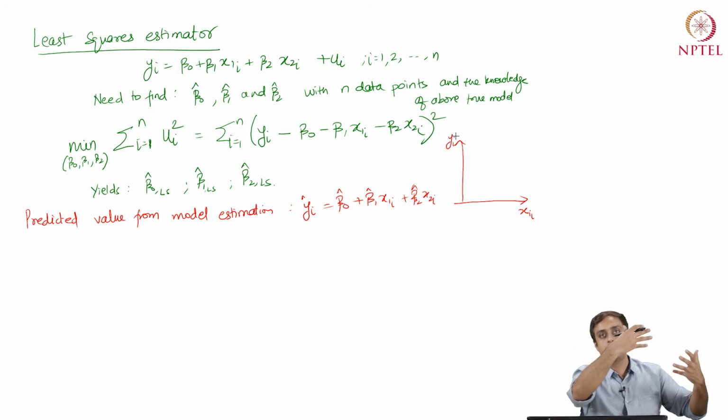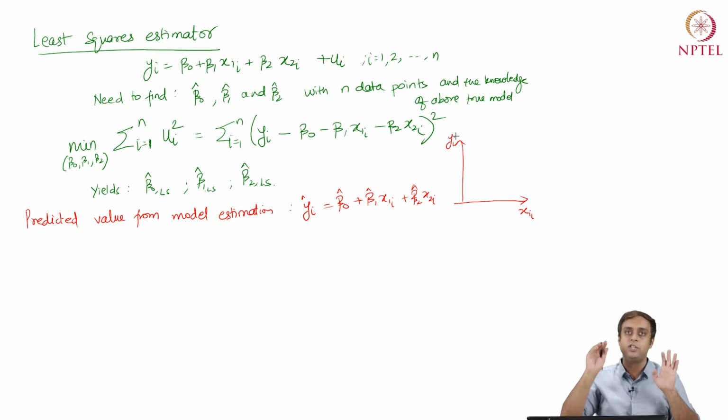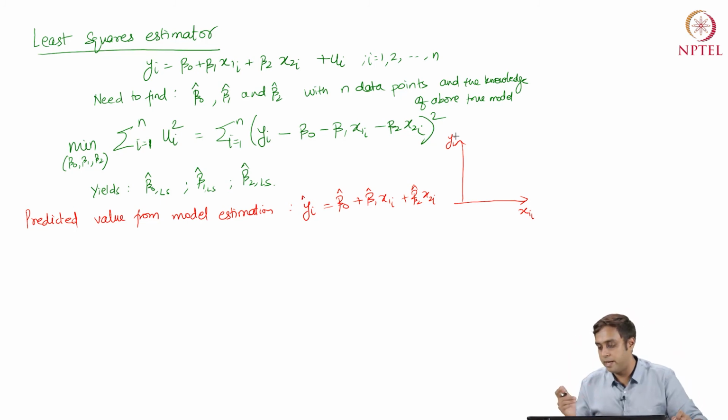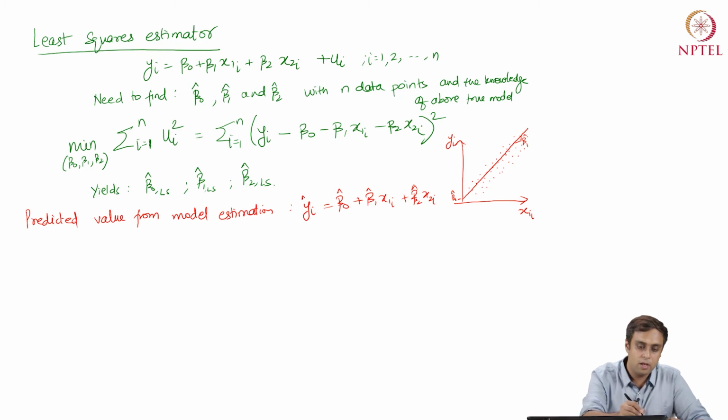Of course, there is also x2i, which can be viewed in the third dimension, but I'm restricting myself to the scatter plot representation of yi's and x1i's. Let's say I have my stylized scatter plot that I've been working with till now. I am able to estimate a regression where this represents beta 0 hat and the slope of this line is beta 1 hat.